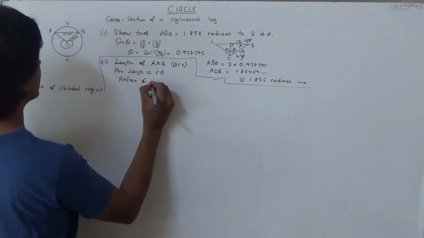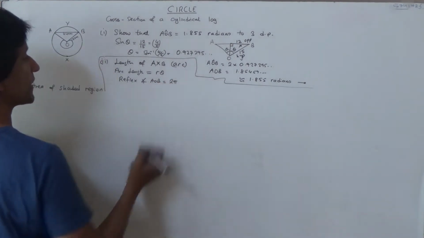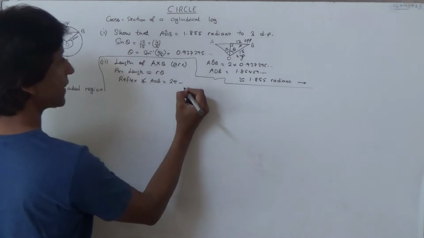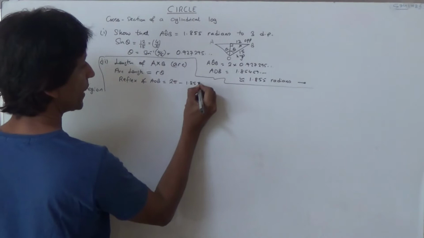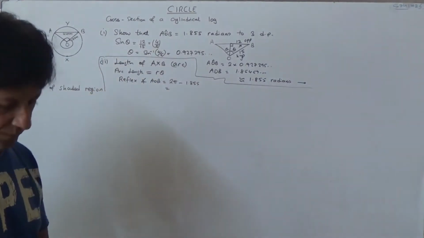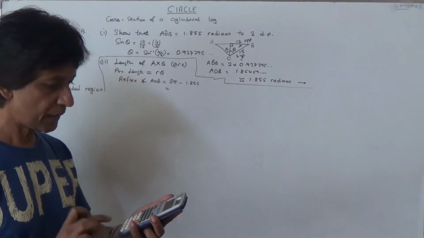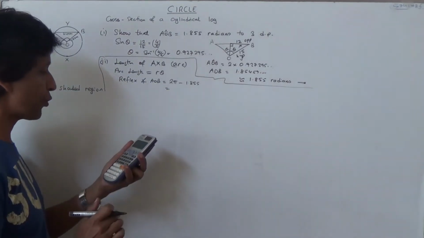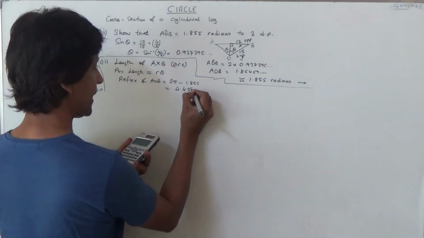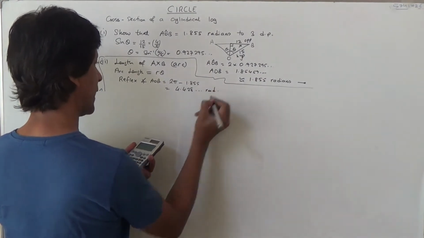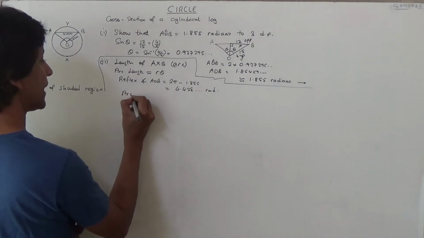So the reflex angle AOB is going to be equal to the full angle, which is 360 degrees, 2 pi, minus the angle that we know there, this angle here, which is 1.855. So let's do that. So 2 pi minus 1.855, we're getting something like 4.428, and it goes on. Right, so radians. Now we can find the arc AXB.